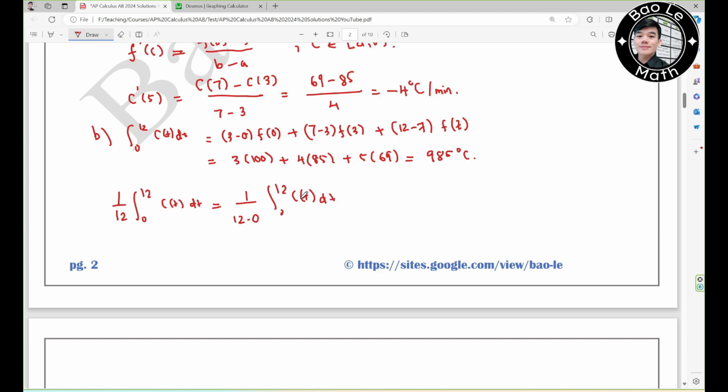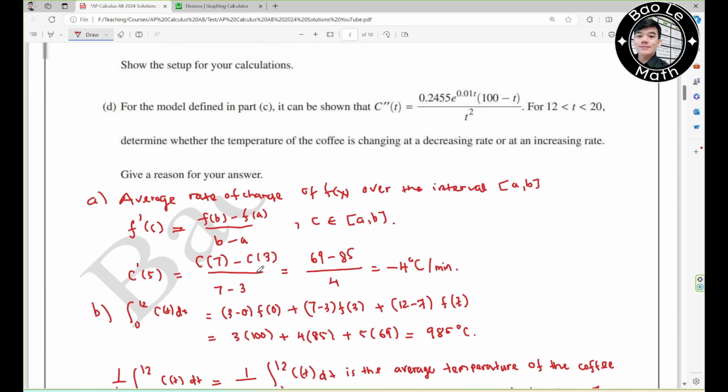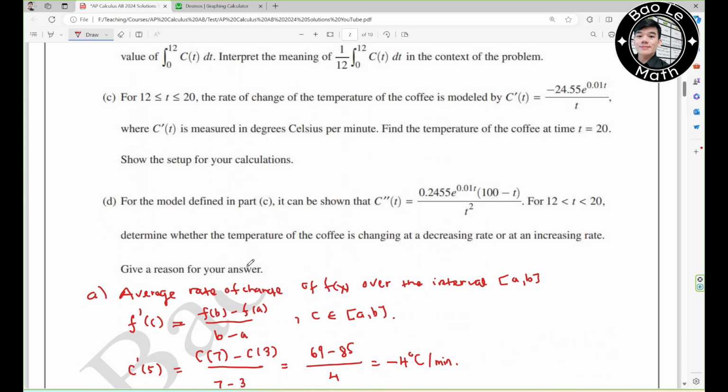Alright, so this is the average temperature of the coffee in degrees Celsius over the interval [0, 12].